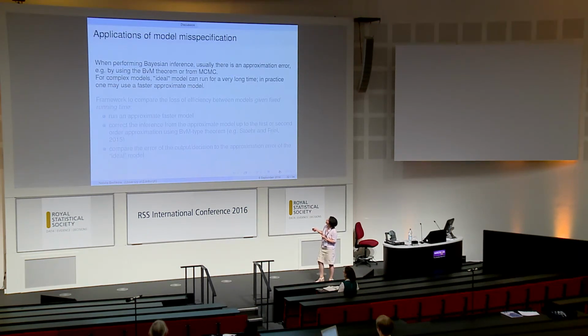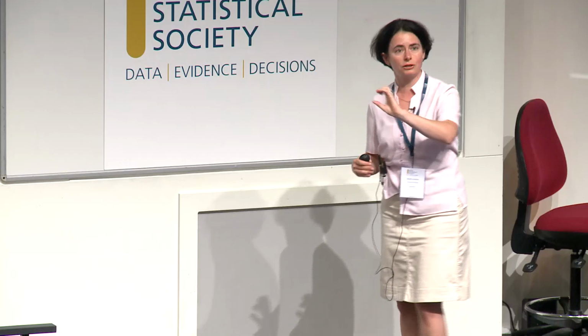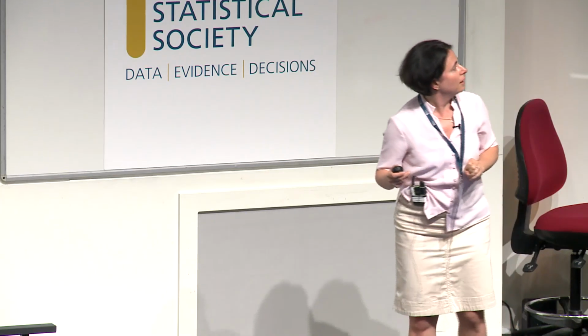And this is what I was thinking about, which I think is coming up in machine learning papers. Say you are given a fixed running time and you have an exact model, but you cannot run your MCMC as long as you want, so you still get possibly larger MCMC error, or you can run an approximate model which is much faster, so you get additional approximation error.